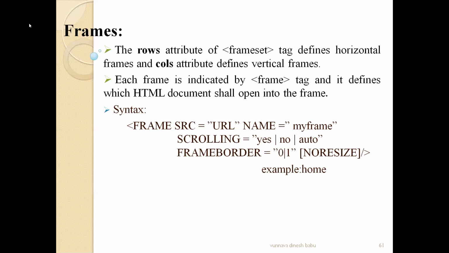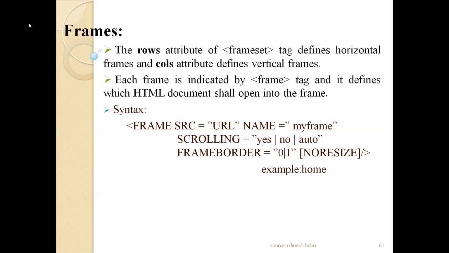So the attribute name is SRC, which means source. So what is the source? Where is the source? We have to give the image as a value to the source attribute. So similar to inserting images into HTML, if we want to insert a certain HTML document in a frame, we have to use the frame tag.